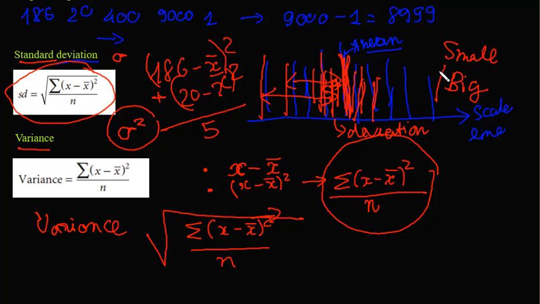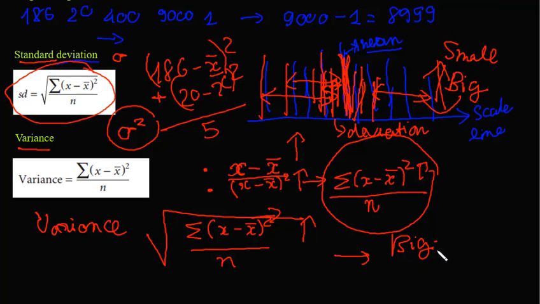Because of the long distance, the deviations will increase, resulting in larger values for variance and standard deviation. So from standard deviation and variance, we can understand more about the data.